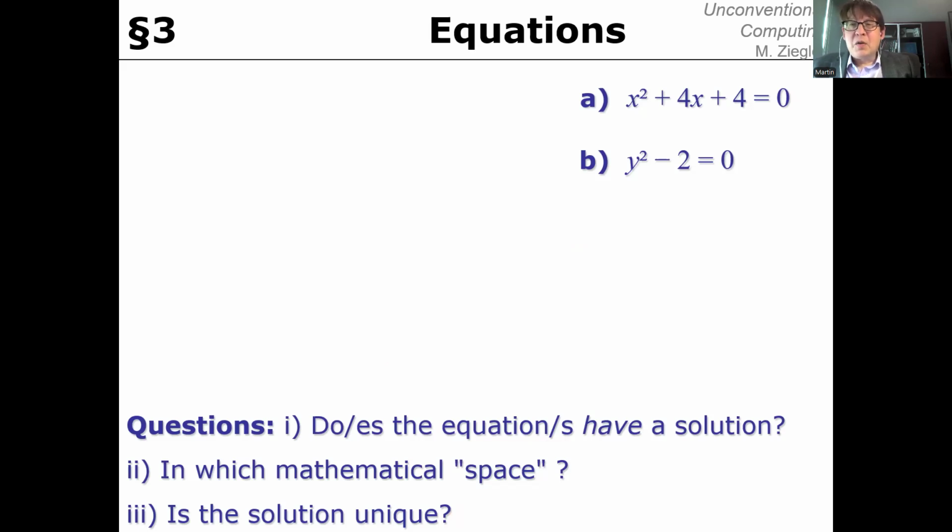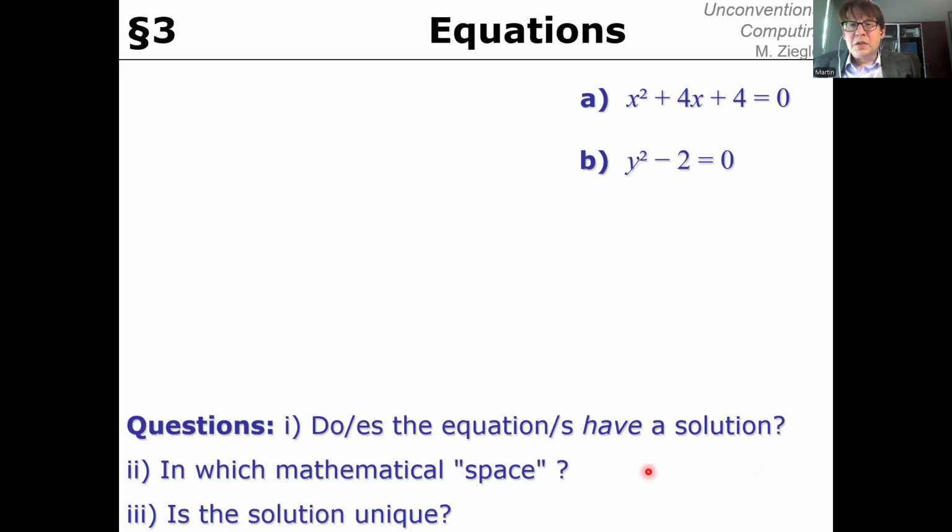But this is already a subtle answer, because in which mathematical space does this solution live? The square root of 2 is not a natural number. It's not an integer. It's not even a rational number. It's not even a fraction. That was the famous proof by early Greek mathematicians, over 2,000 years ago.